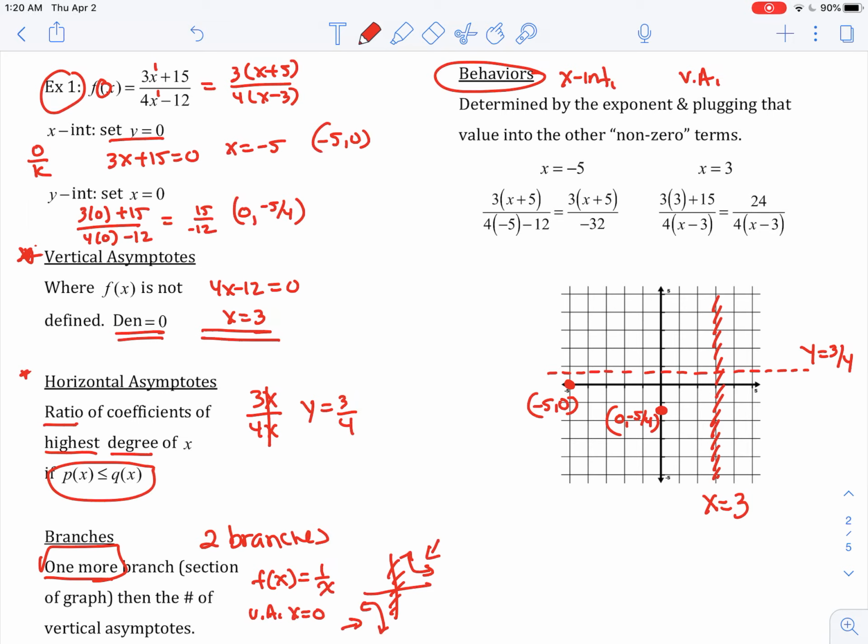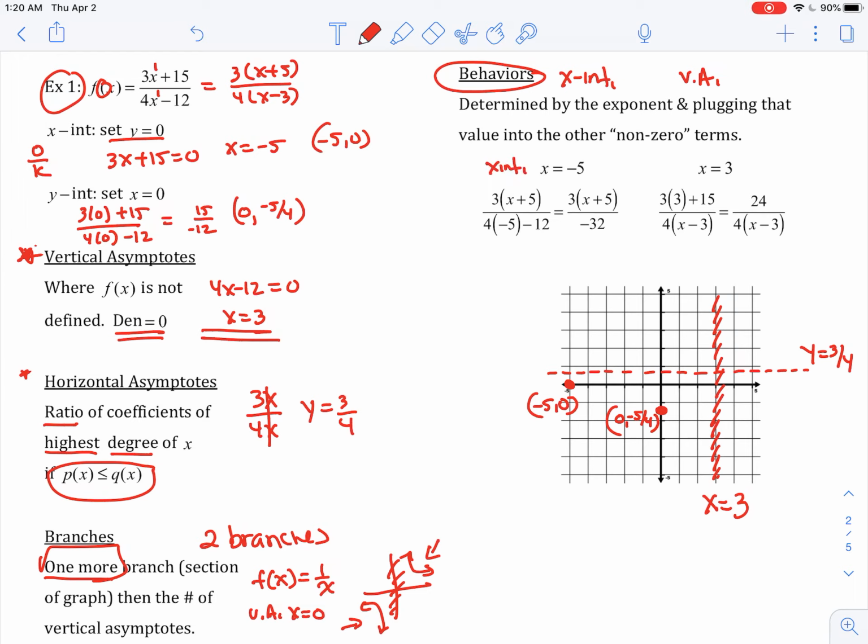So we're going to do a little bit more work with our rational functions. And recall when we were looking at behaviors, it was determined by the exponent and plugging that value into any other non-zero terms.